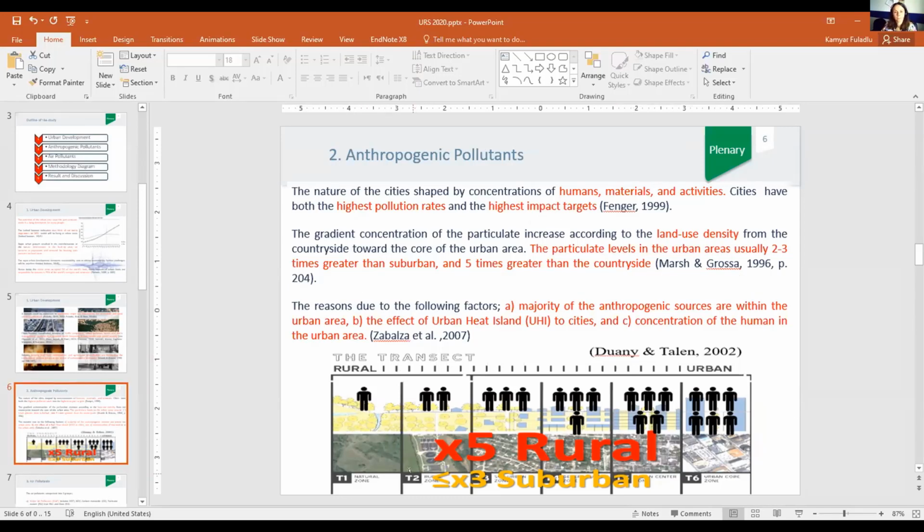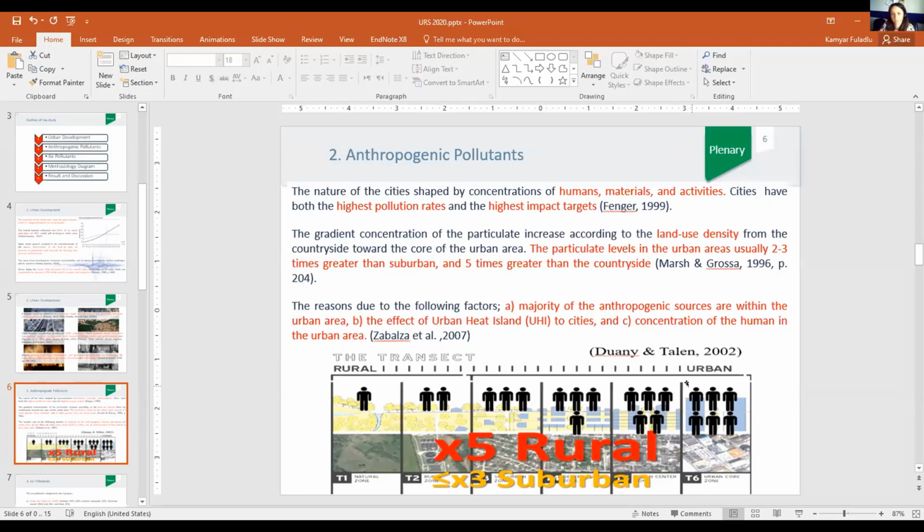If you consider the concentration of particulates from rural to urban area, the particulate level in urban areas is always 2 or 3 times bigger than in suburban areas and 5 times bigger than in rural areas or the countryside.